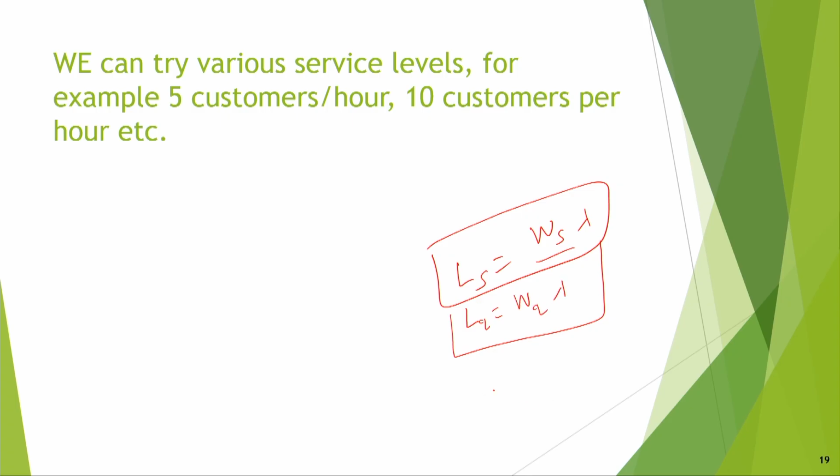This is a very simple but very important formula. If somebody gives you the length of the system, you can quickly find out the waiting time in the system by dividing by lambda. Similarly, if somebody gives you the length of the queue and you know the arrival rate, you can easily find out Wq. So this formula you should never forget.